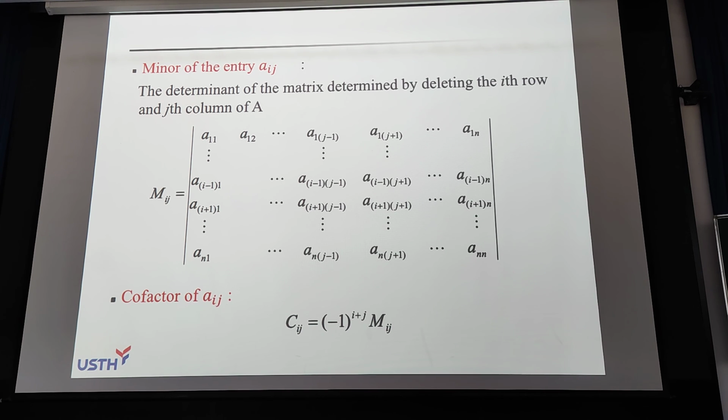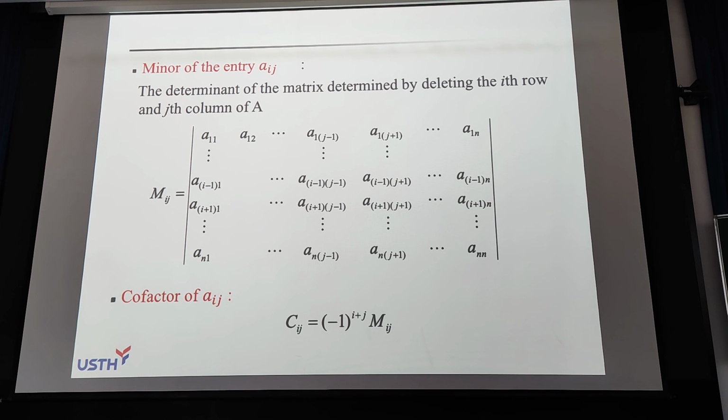And then we continue to define the cofactor of a_ij. For the cofactor, we take the minor M_ij and multiply by (-1) to the power i plus j. The C_ij in Vietnamese seems to be phần phụ đại số or something.